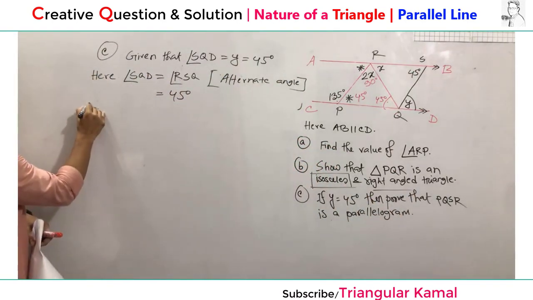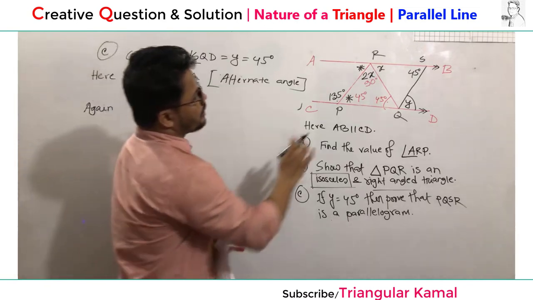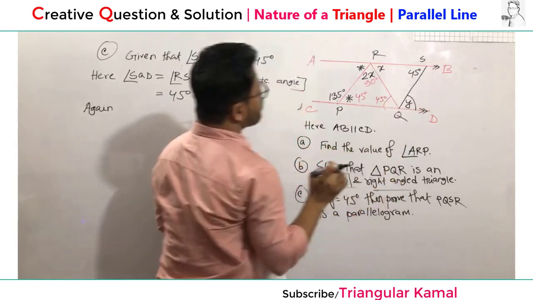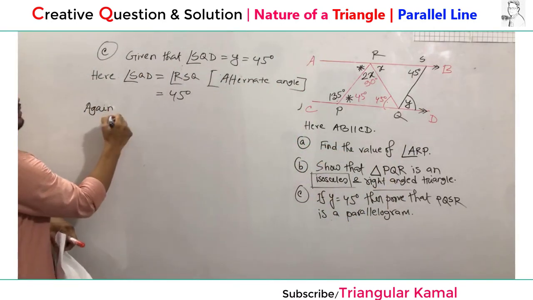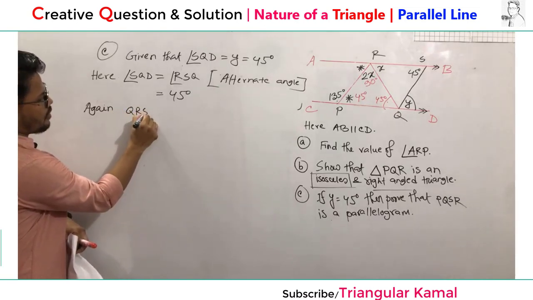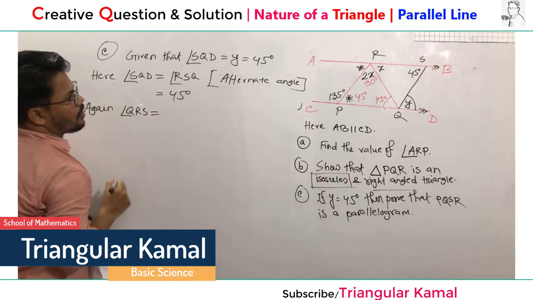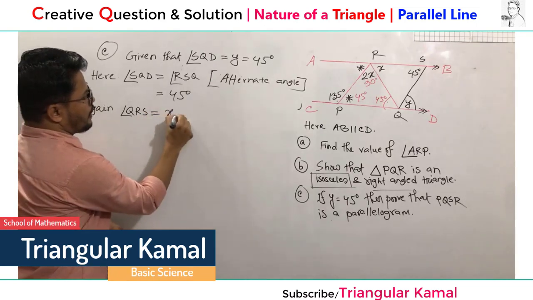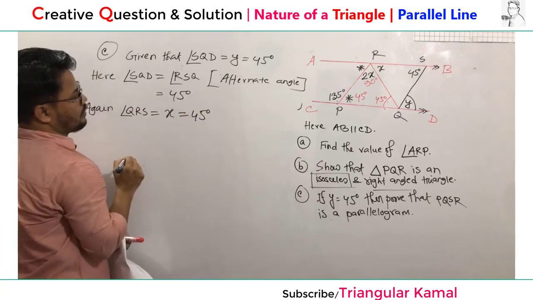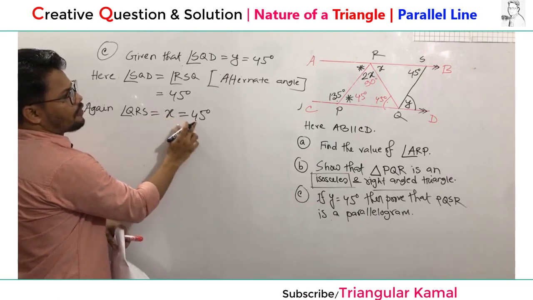Again, x equals 45 degrees, already we know, and s equals 45 degrees. Again, angle QRS equals x equals 45 degrees.